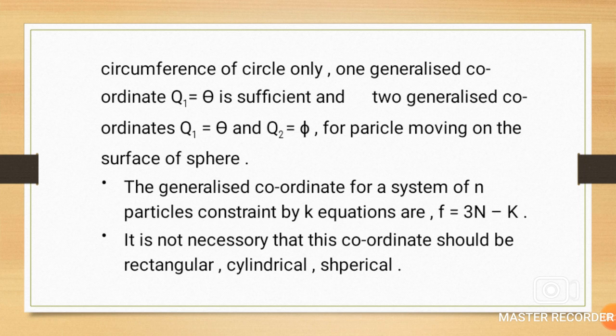We can describe the system with the help of these different coordinate systems, but for generalized coordinates it is not necessary that the coordinates should be rectangular, cylindrical or spherical. It may be sometimes rectangular, sometimes cylindrical, sometimes spherical. So this is the generalized coordinate.